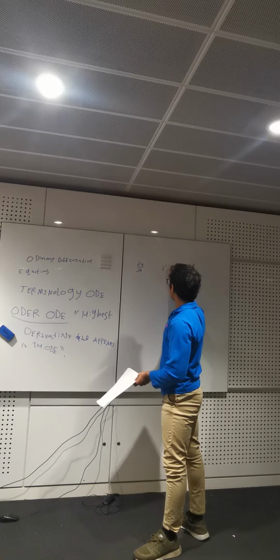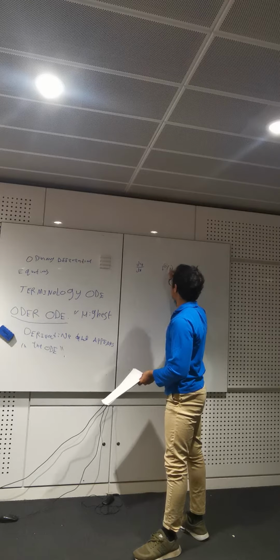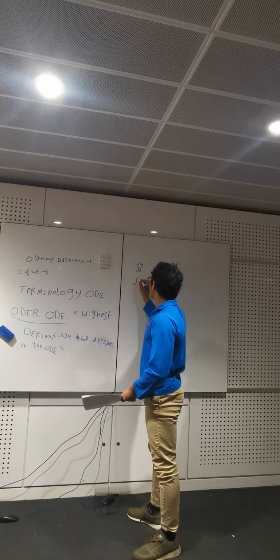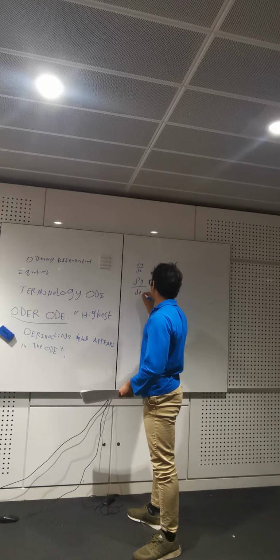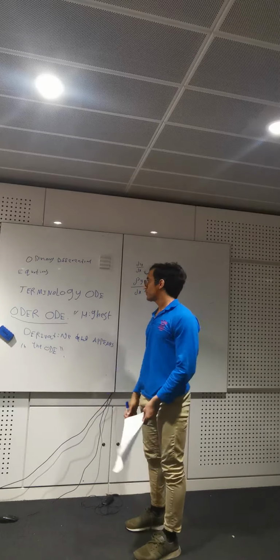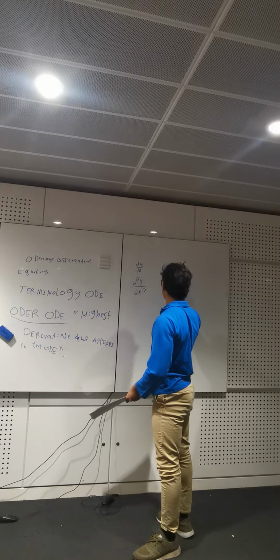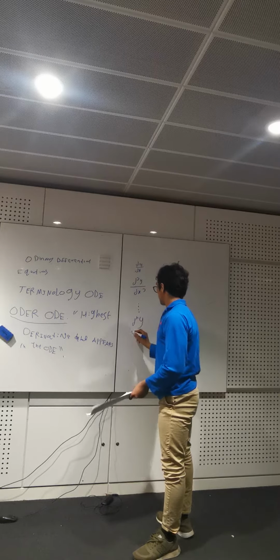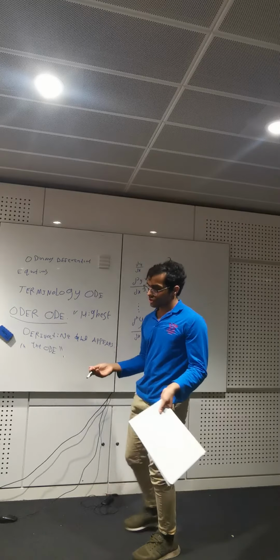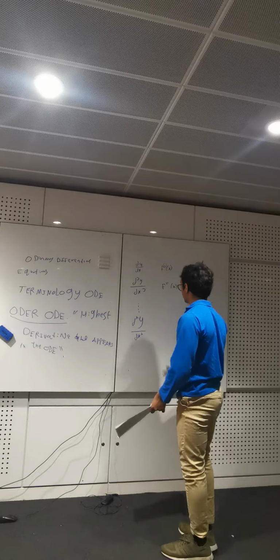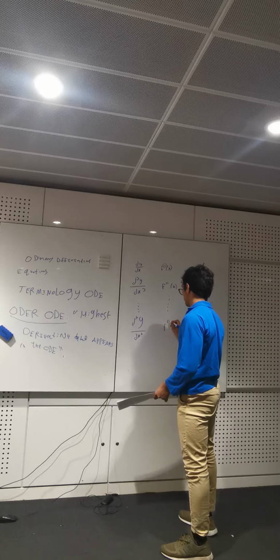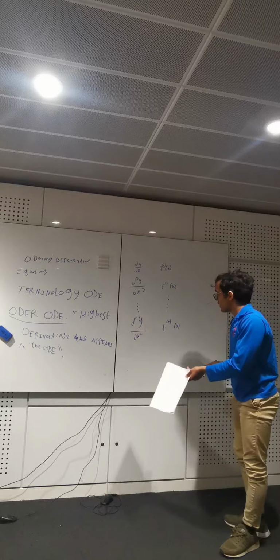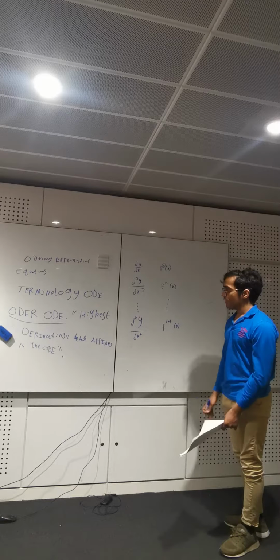We can also write it in this form, which means this is the second derivative of y with respect to x, or we can write it like this, and so on. Generally speaking, we differentiate n times with respect to x, which means you have the function, you differentiate n times, and that's going to be the result.